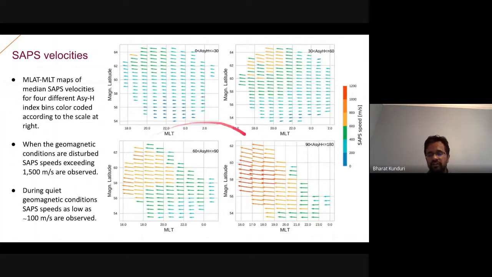So stronger velocities are usually observed on the dusk side for the strongest geomagnetic activity level. And typically during quiet geomagnetic conditions, we were seeing flows as low as about 100 to 200 meters per second. And as geomagnetic activity picked up, we were seeing SAPS flows that exceed 1500 meters per second.